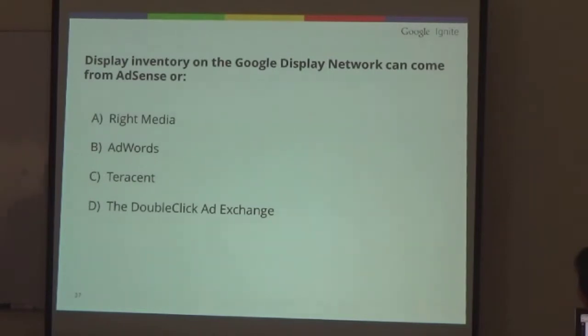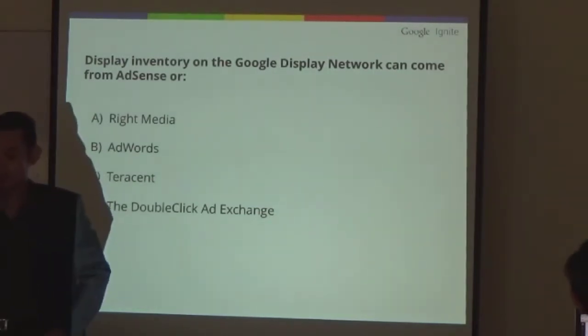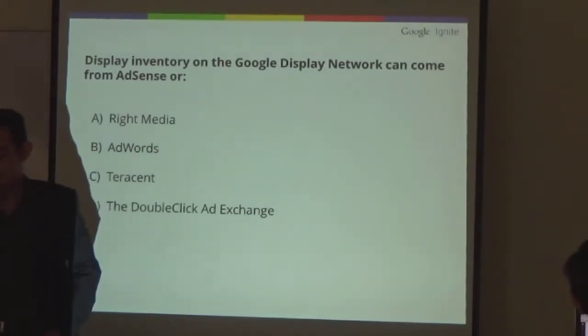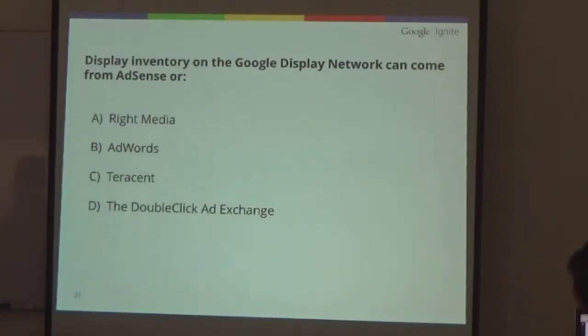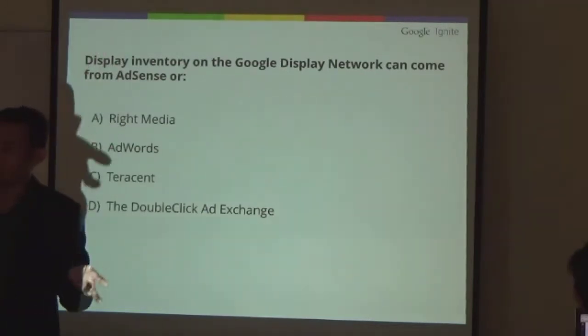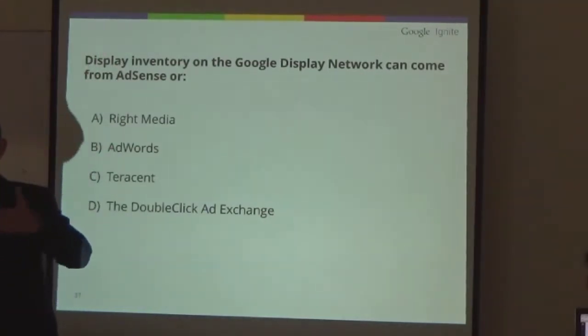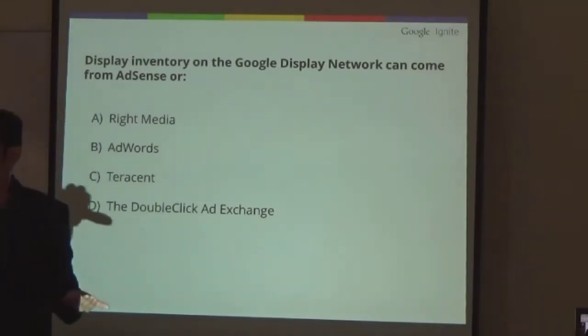Next. Display inventory on Google Display can come from AdSense or from where? The reason why Google Display Network, GDN, is one of the biggest ad networks in the world is due to two things. Number one, it has Google AdSense as part of the network. And number two is what?